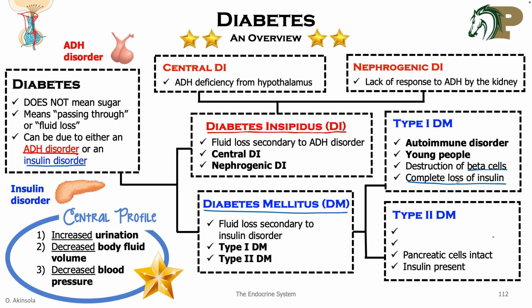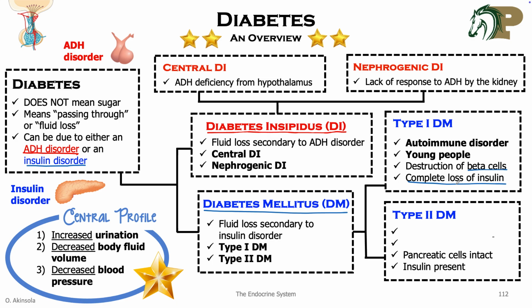And type 1 diabetes usually tends to affect younger people. So if you see a diabetic-like picture in a 14-year-old, for instance, more likely than not, that's going to be type 1 diabetes. It is very, very uncommon for someone that young to develop type 2 diabetes.